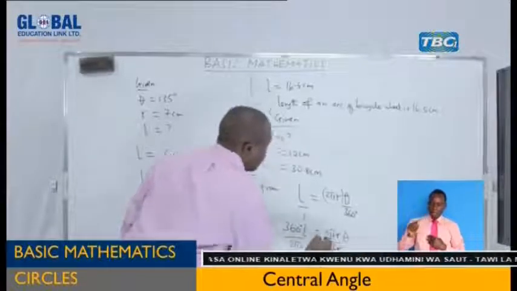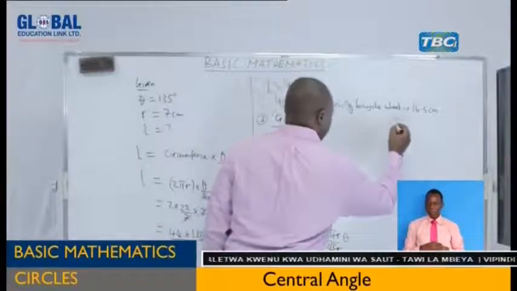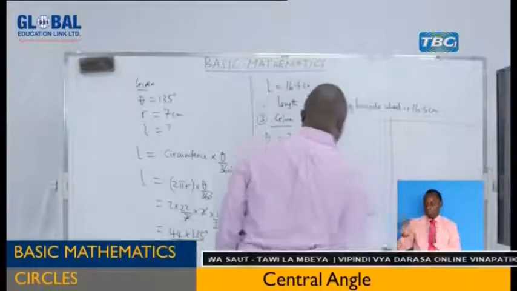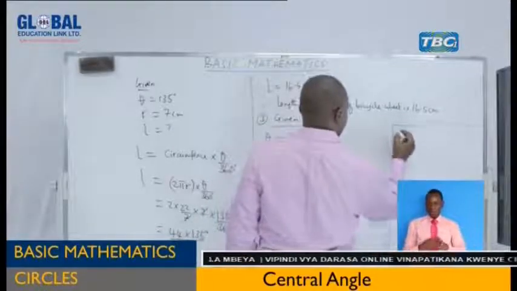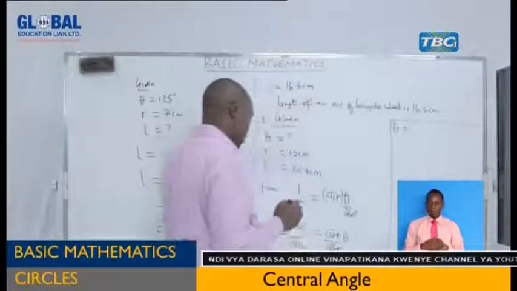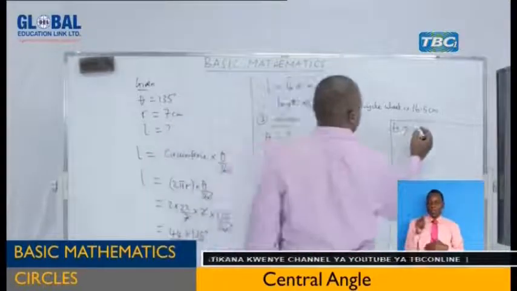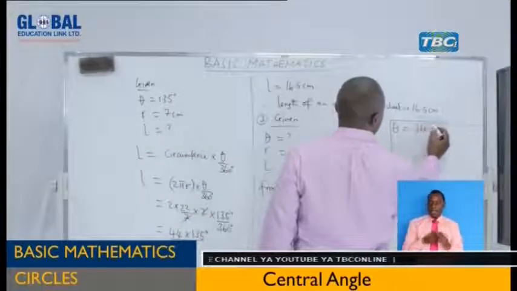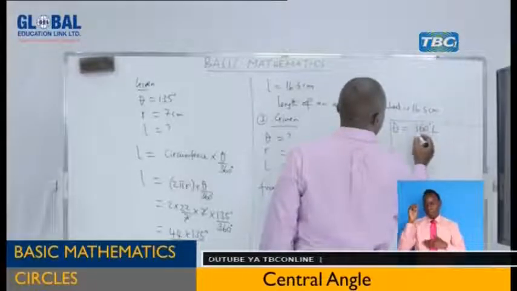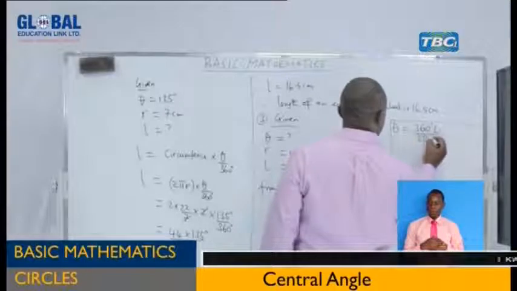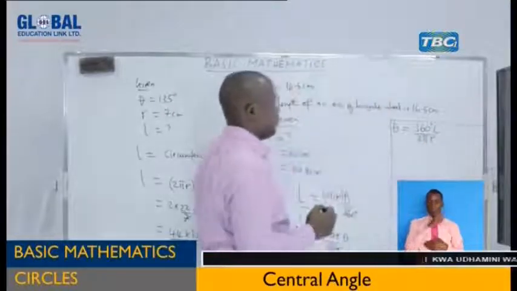So in this case we have the central angle theta equal to 360L over 2 pi r.